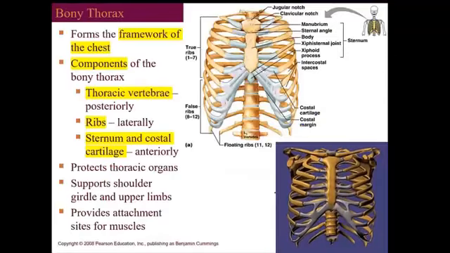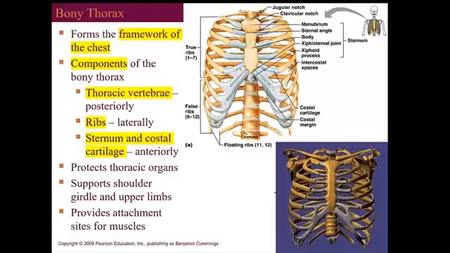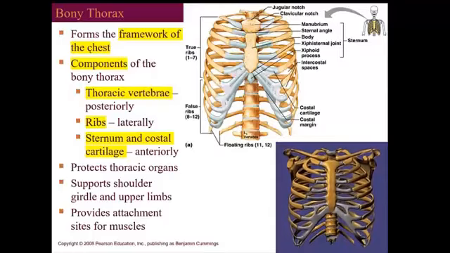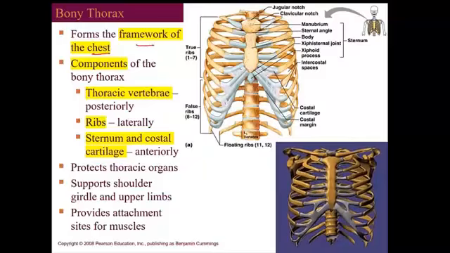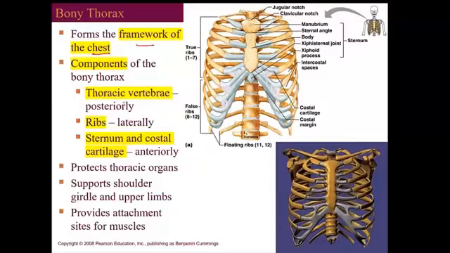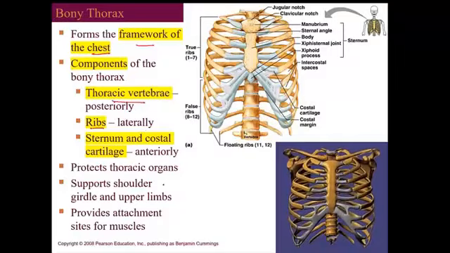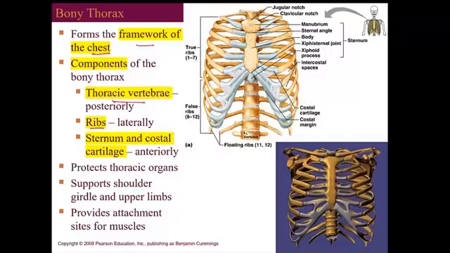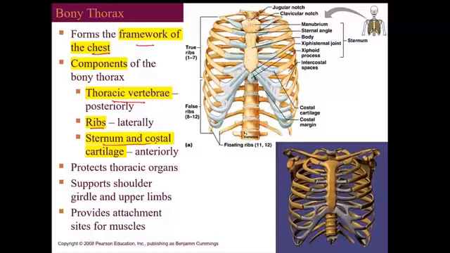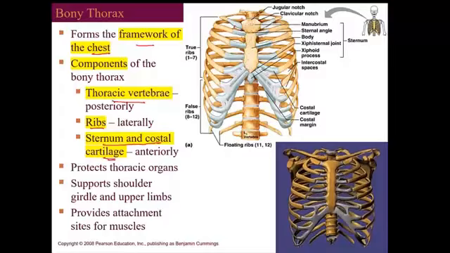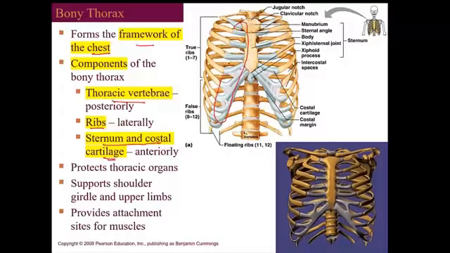Right? So this is how it looks on the bony thorax now, okay? So what is the bony thorax? It's the framework of the chest. So the components of the bony thorax are the thoracic vertebrae from the back, and laterally the ribs, and then anteriorly the sternum, and the costal cartilage is actually the structure that you see here that connects the ribs to the sternum.